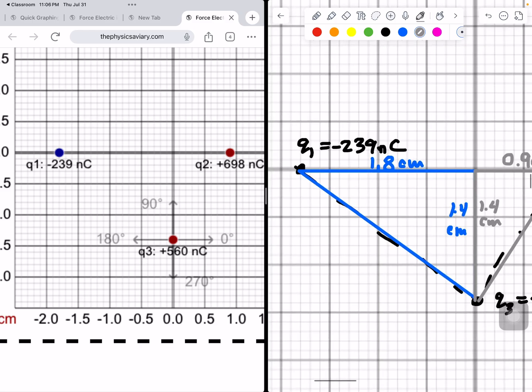Starting with the blue distance, which would be the distance between charge 1 and charge 3, that looks to be about 2.28.